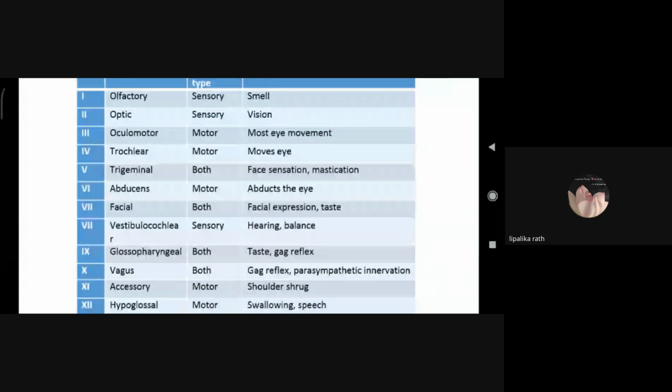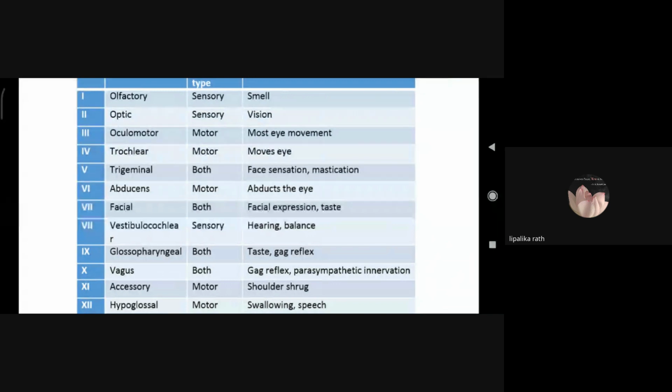Next is facial, which is a mixed nerve. It gives facial expression and taste. Vestibulocochlear. The cochlea is a portion inside the ear.